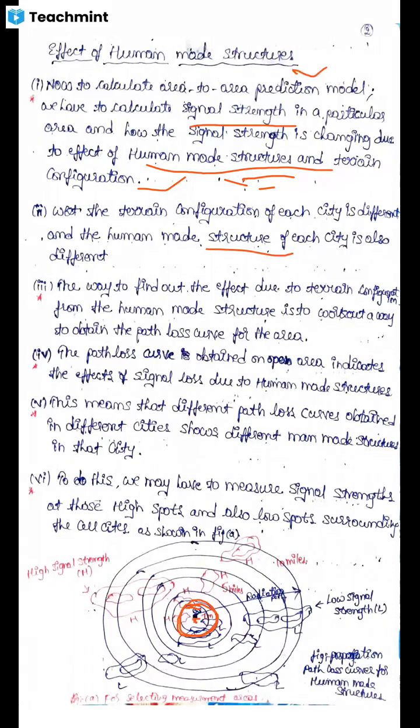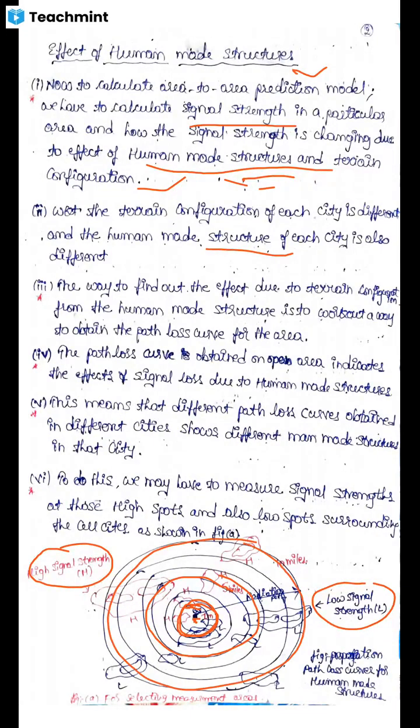Here high spot areas means high signal strength areas and low spot areas means low signal strength areas. And similarly, I will take the data at the distance of 5 miles, considering the high spot areas and low spot areas. And at the 10 mile area, I will consider the high spot areas and low spot areas, that is high signal strength areas and low signal strength areas.